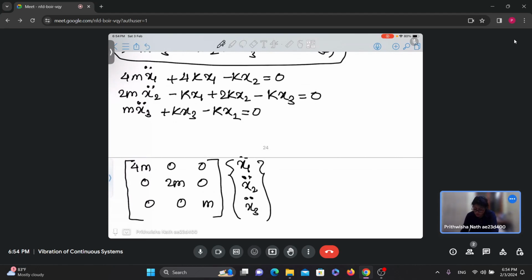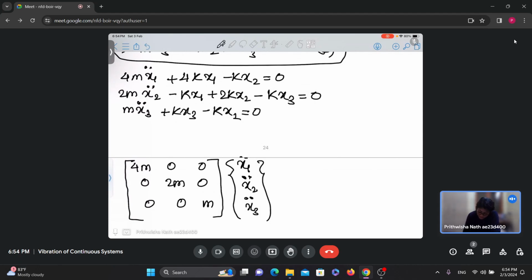So what is left? Only 2m x2 double dot. So the second equation is also coming. For the third equation, we can see it is 0 into x1 double dot plus 0 into x2 double dot plus m into x3 double dot. So the third equation is also coming.